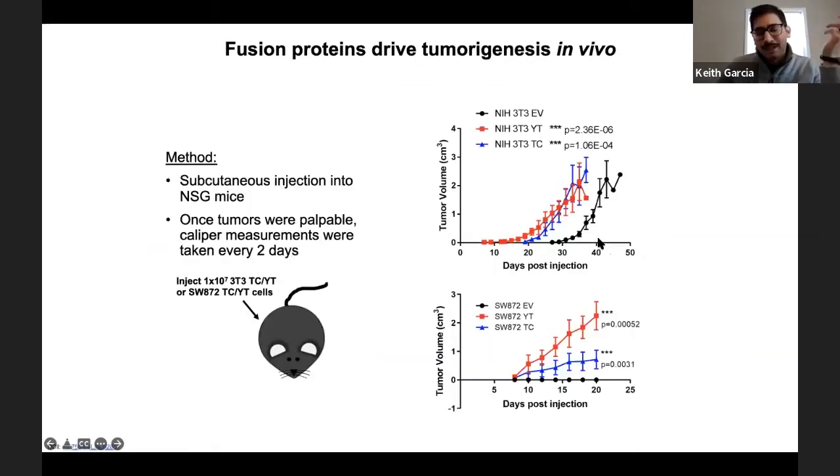And further expanding these in vitro observations into a mouse xenograft model, as you can see, expression of these fusions can initiate tumorigenesis early on relative to the empty vector control. And now there are two genetically engineered mouse models of EHE that have been independently developed by Dr. Driscoll and Dr. Seavey. And really the take-home message with this slide is that simply expressing the WWTR1-CAMTA1 transgene is sufficient to initiate tumorigenesis and drive EHE formation.